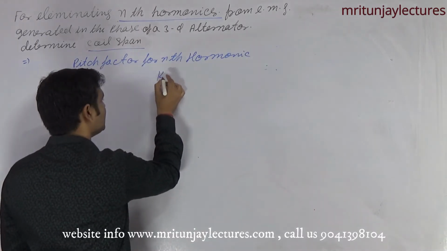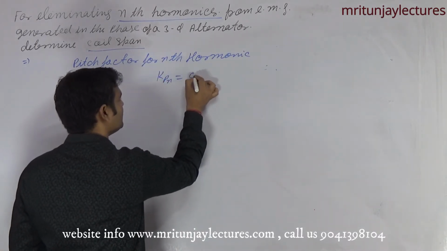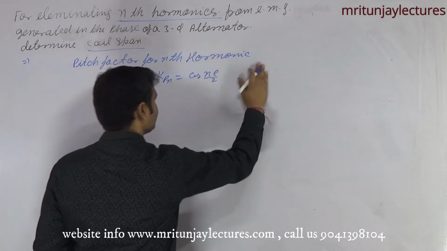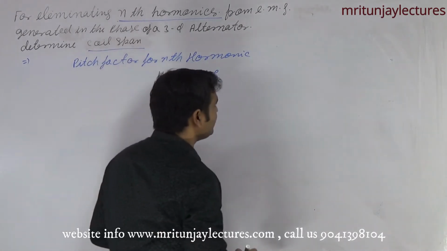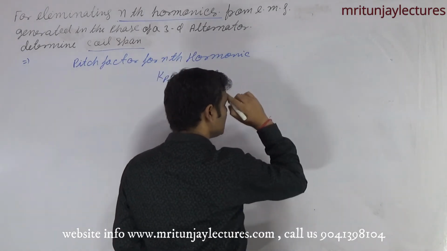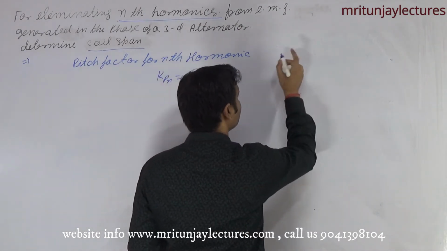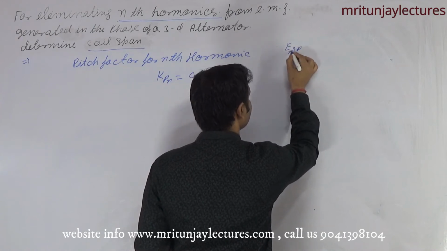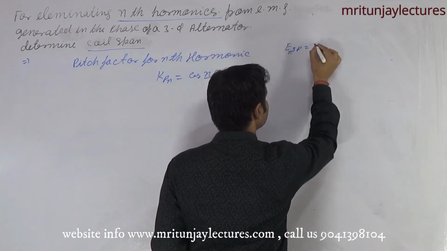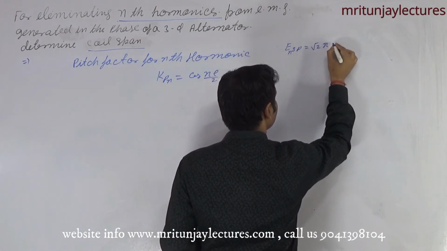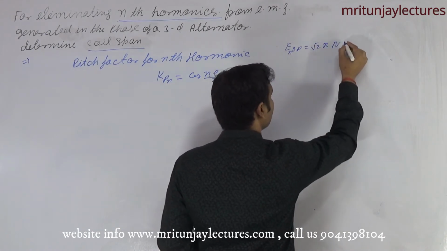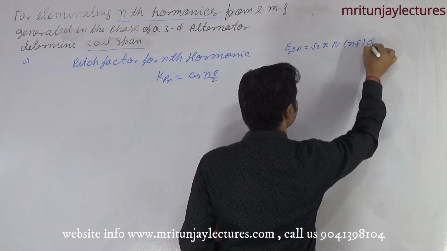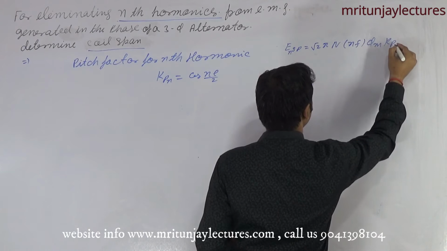I know that Kpn is equal to cos n rho by 2. To eliminate, first of all, what about the induced EMF according to the short pitch coil? ESP for the nth harmonic is root 2 pi n f into phi m Kpn.